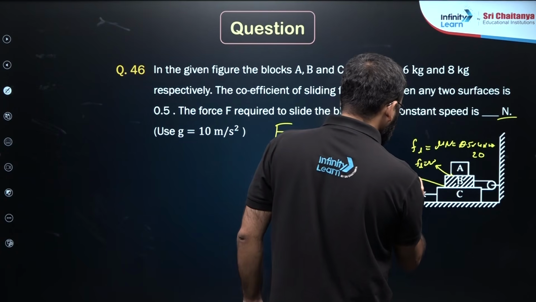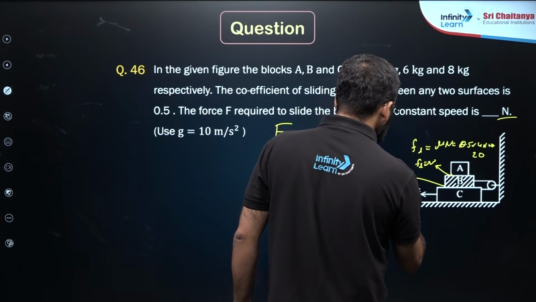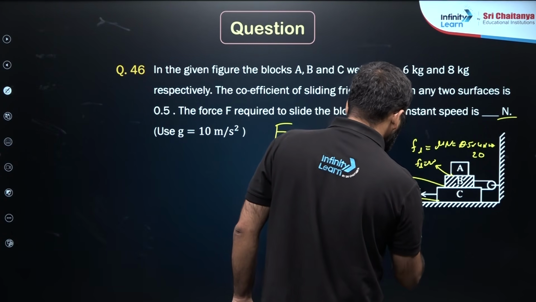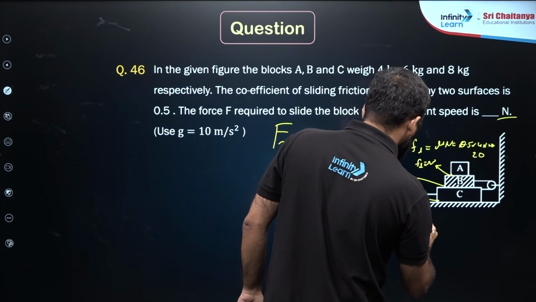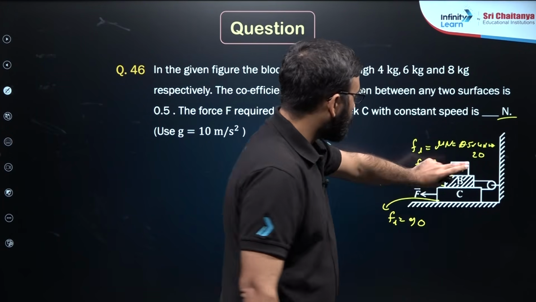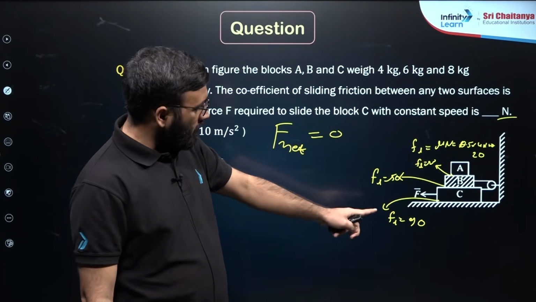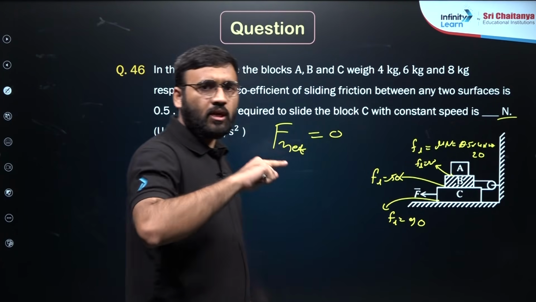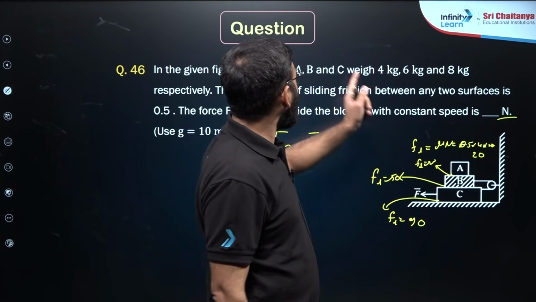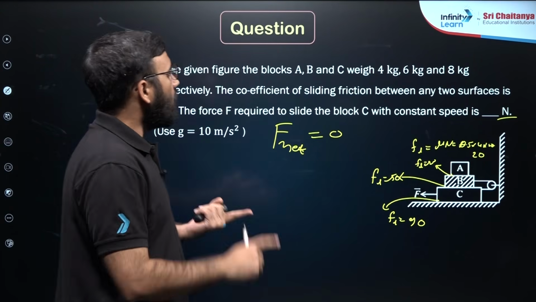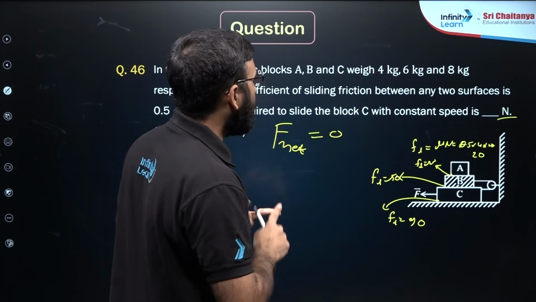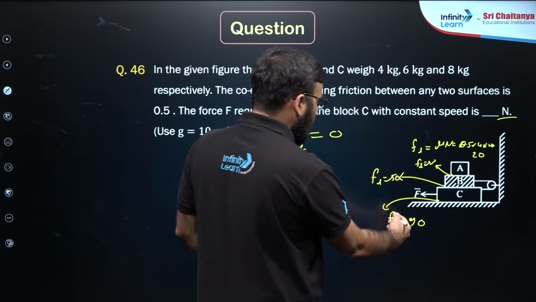Similarly for this one FL equals 50, and similarly for this one FL equals 90, because all three masses. For B, mass of A and B, m into g, m is 4 kilogram plus 6 kilogram, that is 10 into 10 into 0.5. For C, 18 into 10 into 0.5.